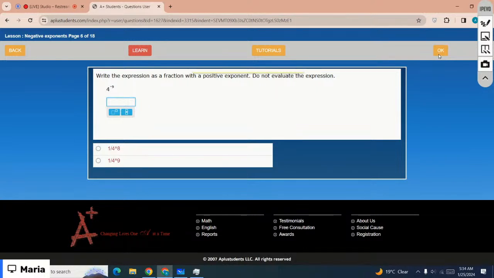Write the expression as a fraction with a positive exponent. So which is the correct option? 4 exponent negative 9 equals.